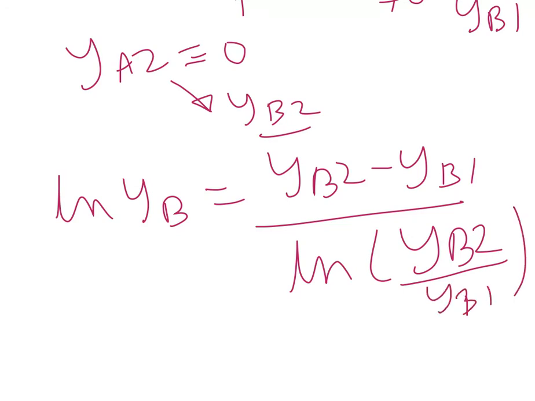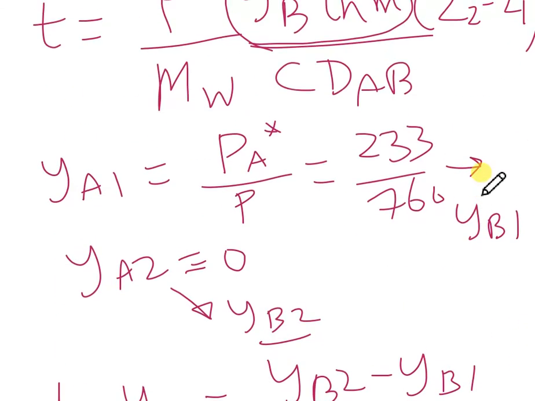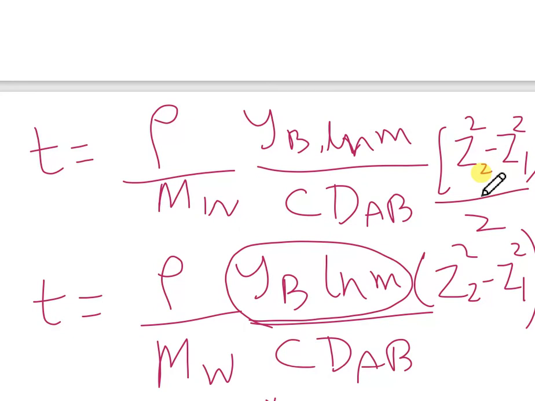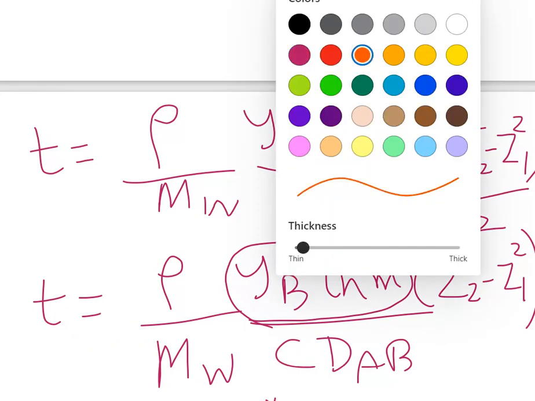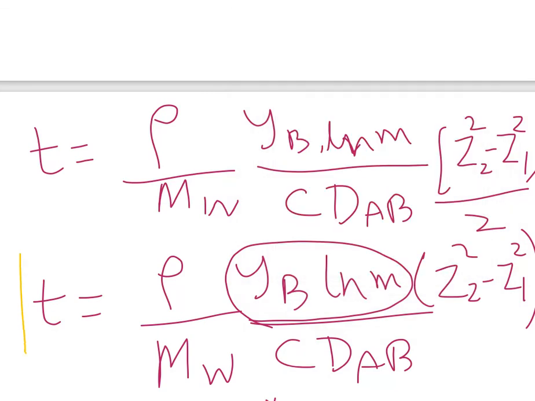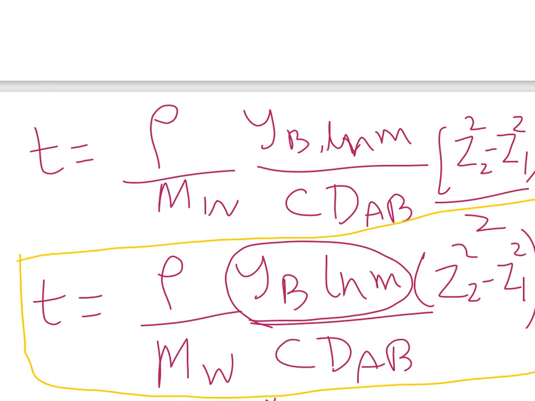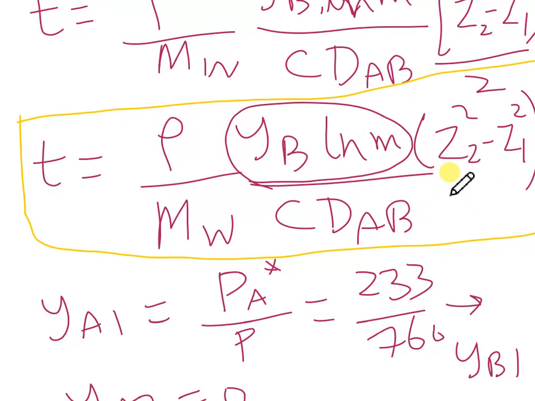Okay, so this equation is important. What we got by the log derivation, hope this is clear to you. Even if you have the equation, you can use it. So Z2 is the path.